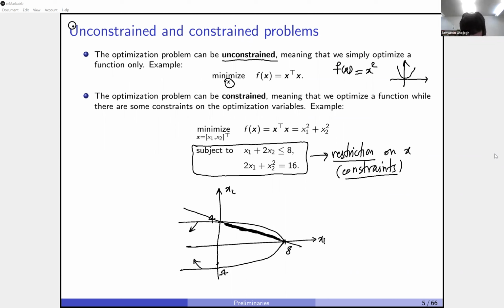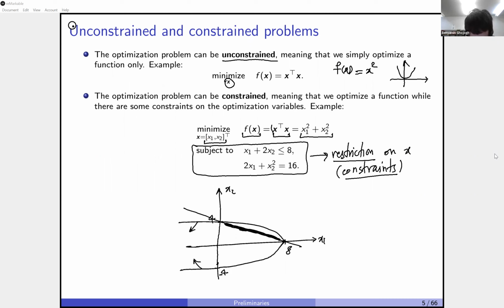For example, we say that I have two variables, or a multivariate variable. So it's a two-dimensional variable. You can write it with two scalars, right? It's a column vector of x1, x2. I have a function, x transpose x. It's a quadratic function. You can write it here in this way.